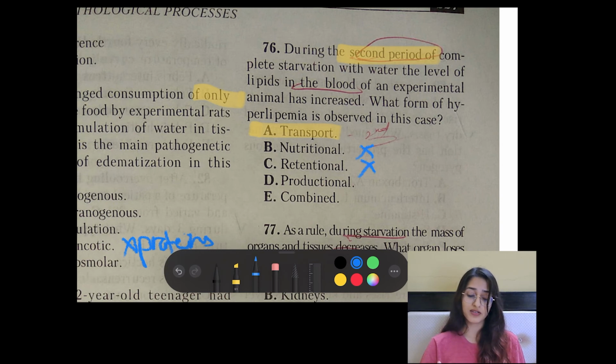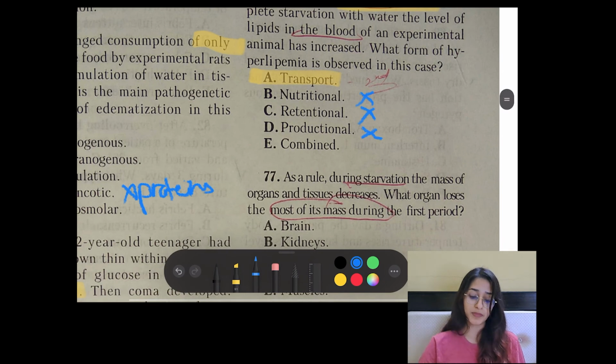Retentional, there is no such imbalance or disorder of retention. Productional, no, because no extra lipid is produced inside the body. Lipids are utilized. So already present lipids are utilized, and we just remember it.